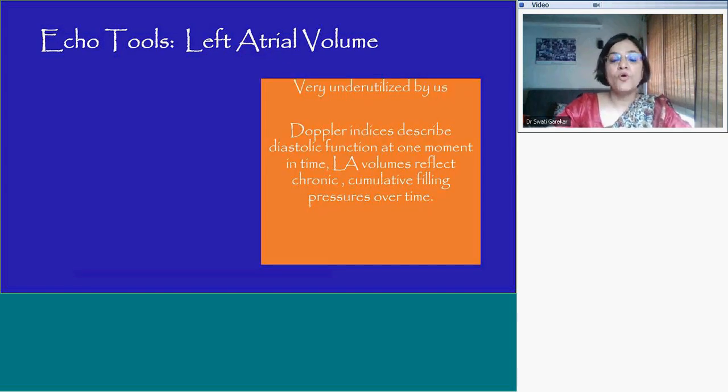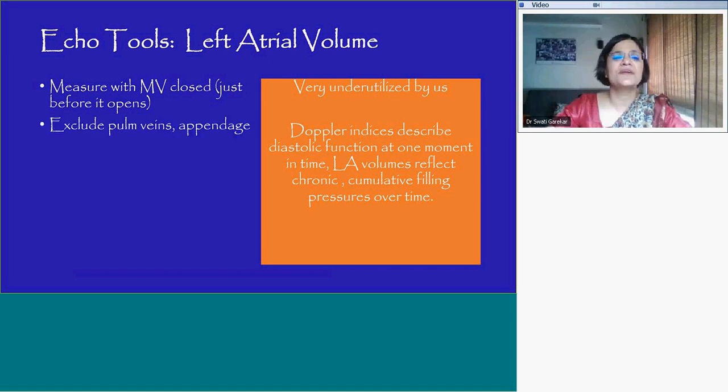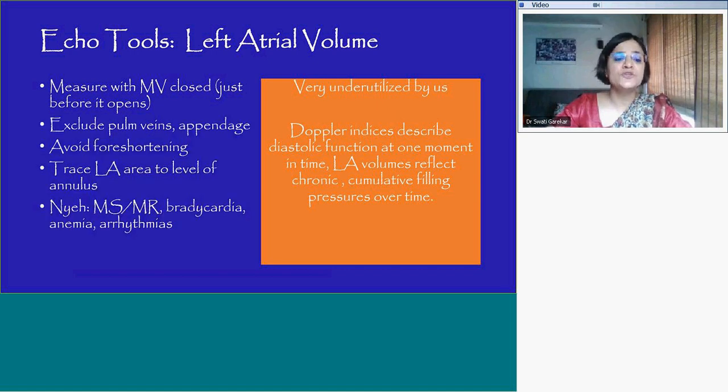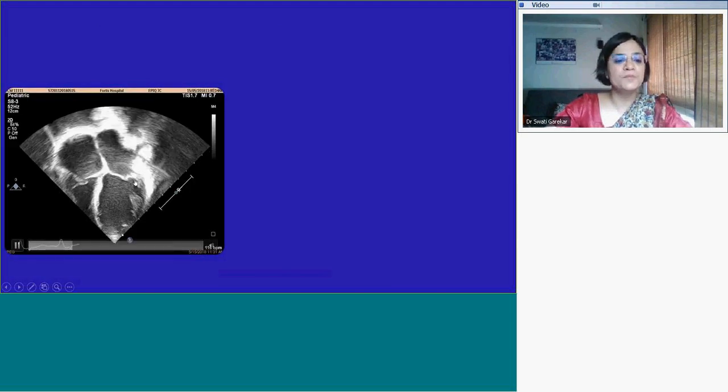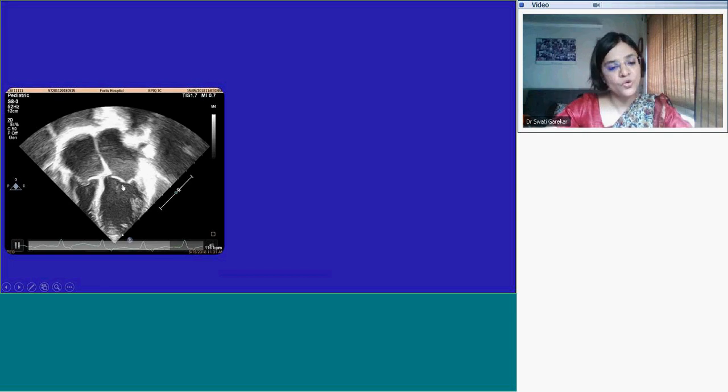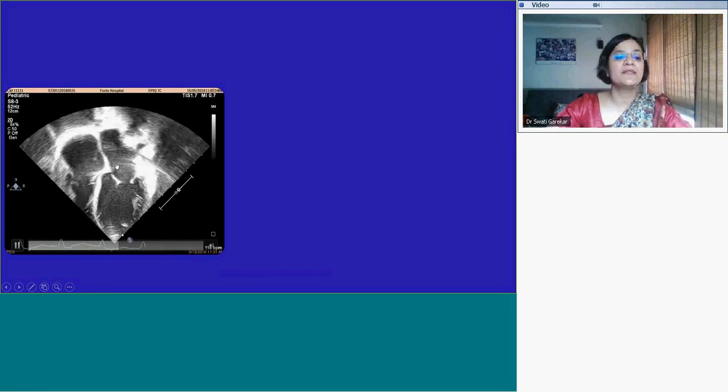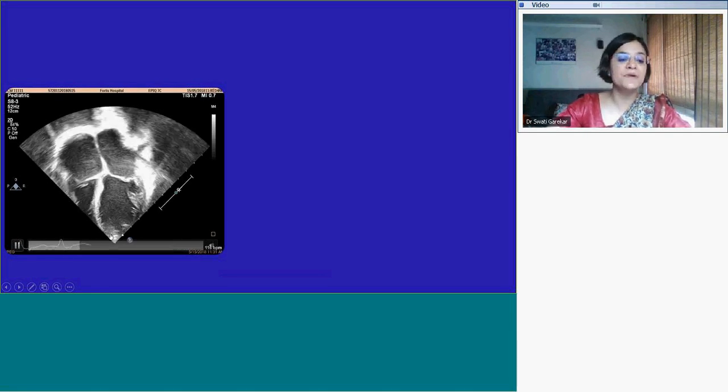A tool that we don't utilize enough is tool number 3, which is left atrial volume, and it gives chronic diastolic dysfunction. And the way to measure it, in your 4-chamber view, you have to get into the lowest rib space possible. That creates this kind of view, so this will help decrease the foreshortening.